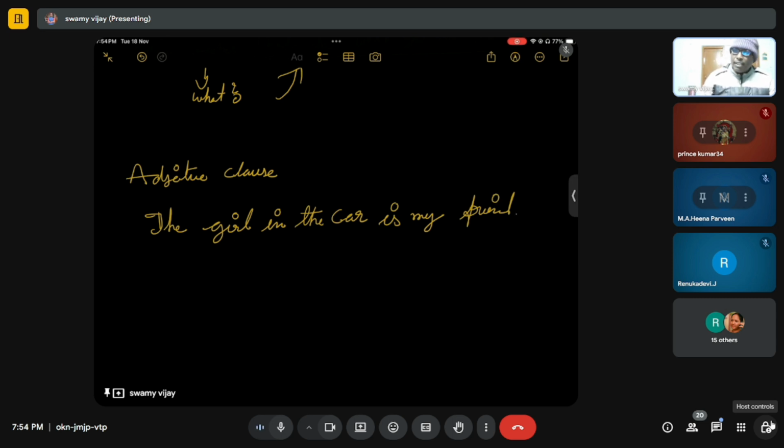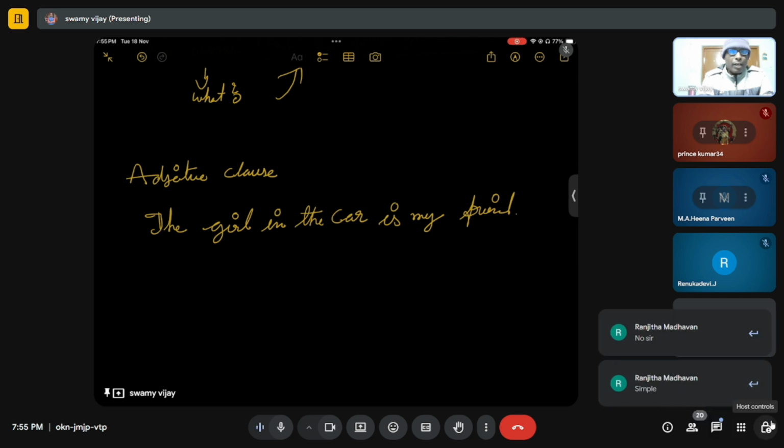First tell me, is there any clause in this sentence? The girl in the car is my friend. Any clause there? Or is it a simple sentence? It's a simple sentence.